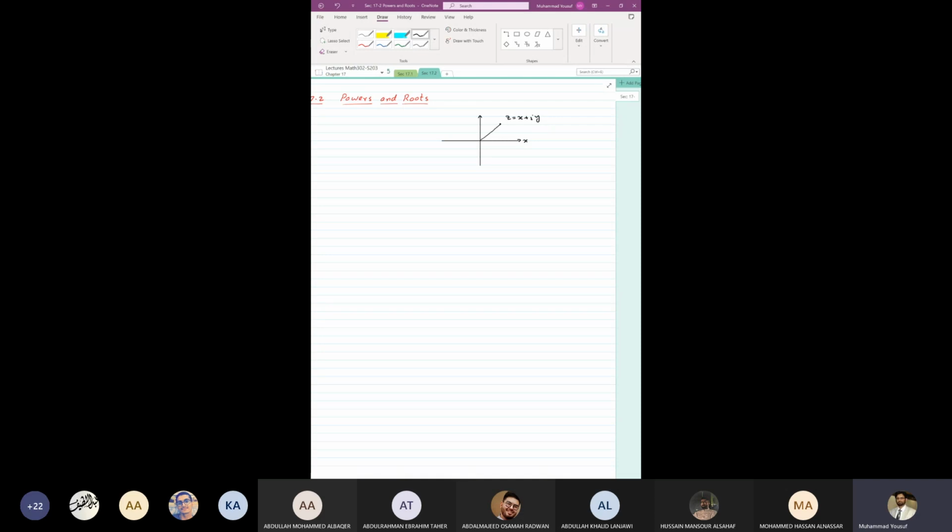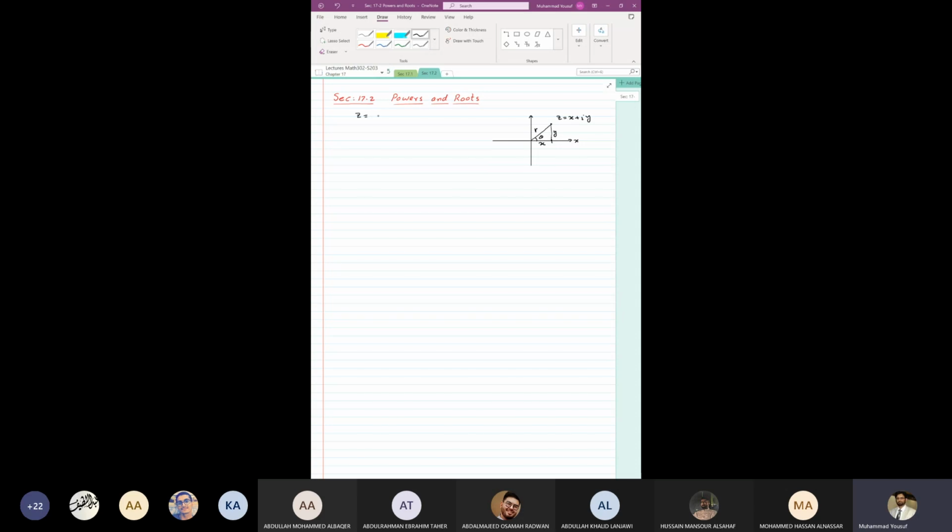Now here, the real part and imaginary part give us this triangle in which from here to here is the real part and this is the imaginary part. Suppose the line from the origin to this point, we denote it by R, and the angle this line is making with the real axis, let us call it theta.